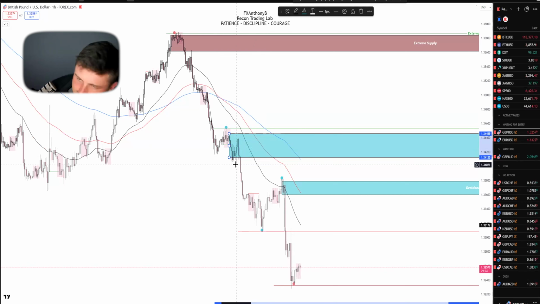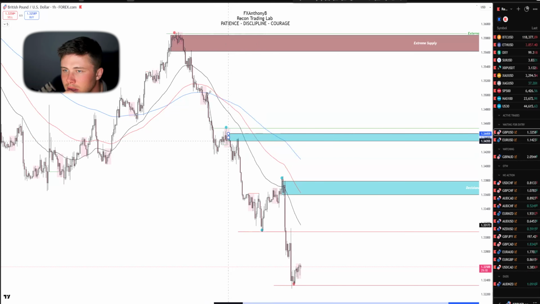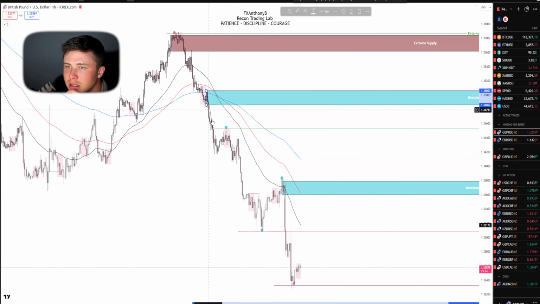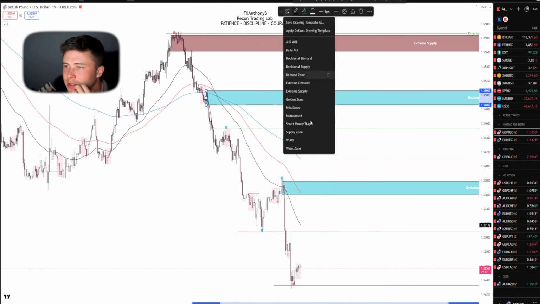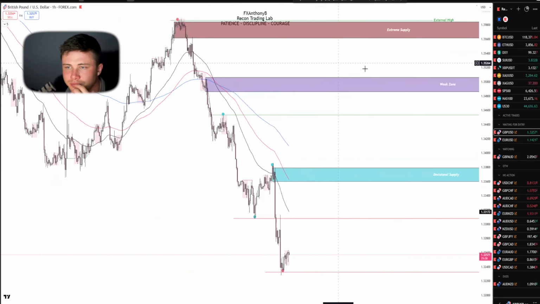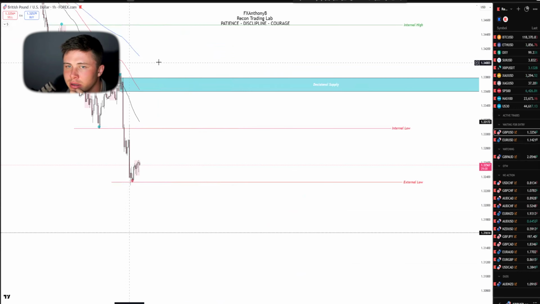So it's actually not very nice. So we're not going to target that. We're actually going to put it up here as a weak zone. So now we know where the weak zone is on the chart. Unless it could be here because there's a balance there. Got that found out. Now we know our internals here.